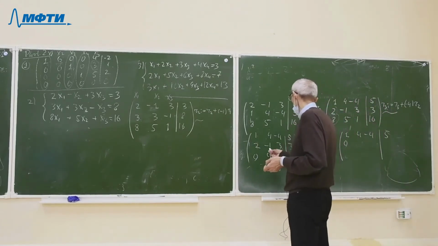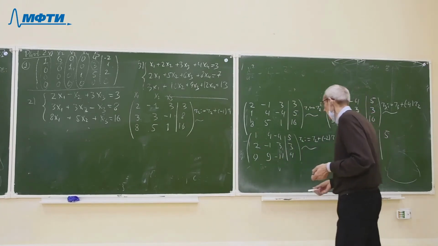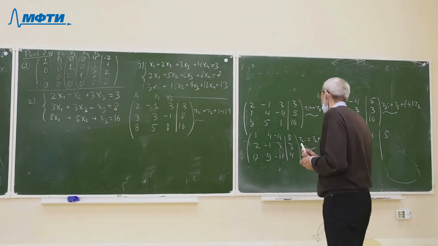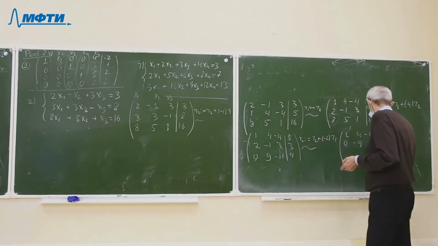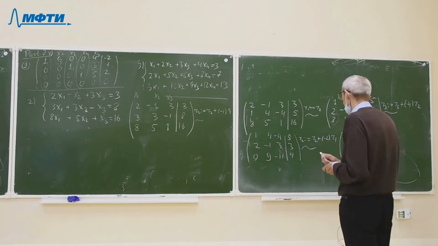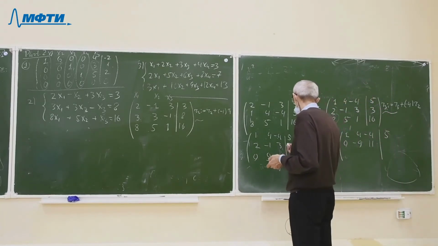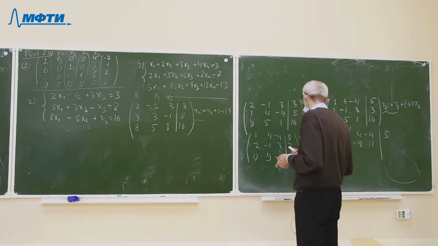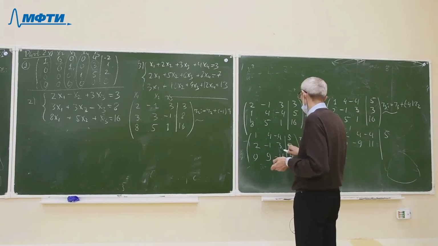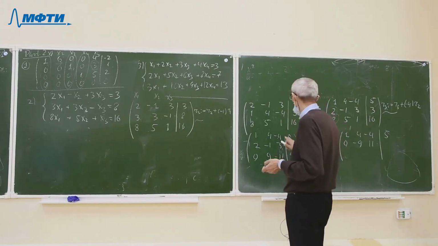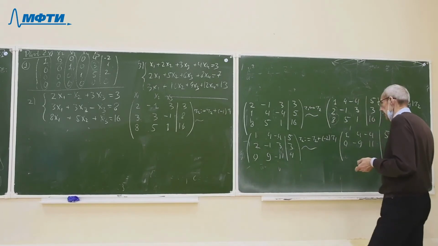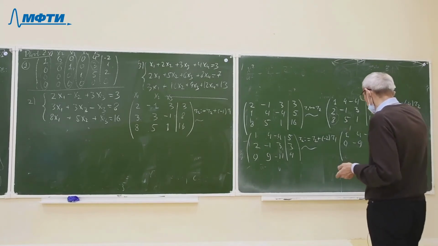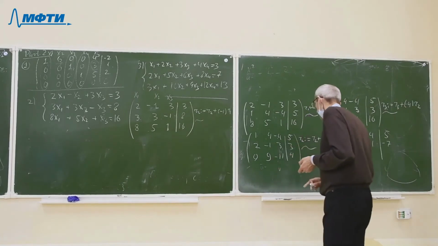Minus 8 minus 1, minus 9. Plus 8 plus 3 is equal to 11. Minus 10 plus 3, minus 7.